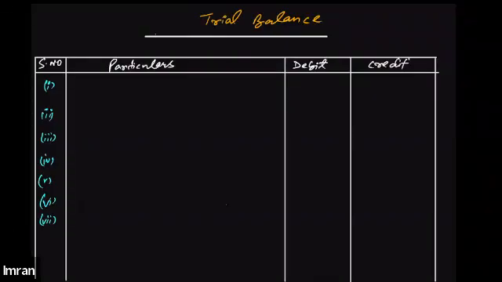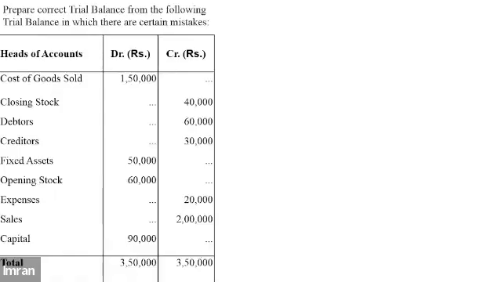All right, so this is our correct trial balance. There will be no change in the format. Everything will remain the same. Now see, cost of goods sold. What do you think? What is cost of goods sold? Is it a revenue, asset, liability, expense, or what? What do you think? Tell me.